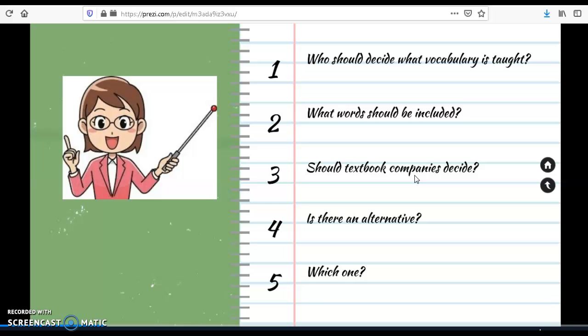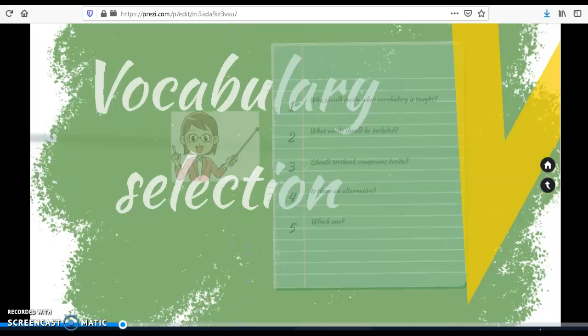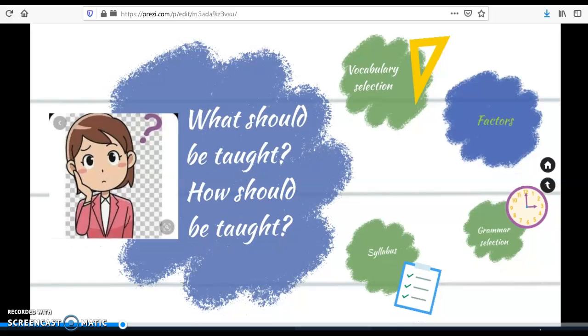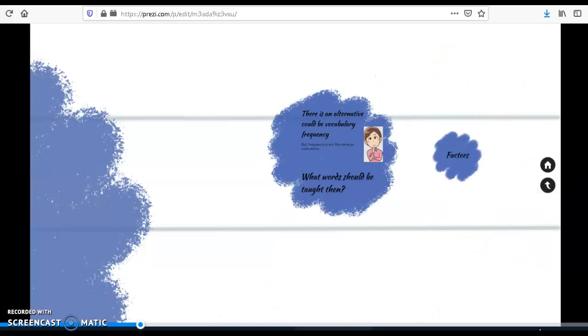So, then, how do we decide? Is there an alternative? Which one? There is an alternative. It could be vocabulary frequency.